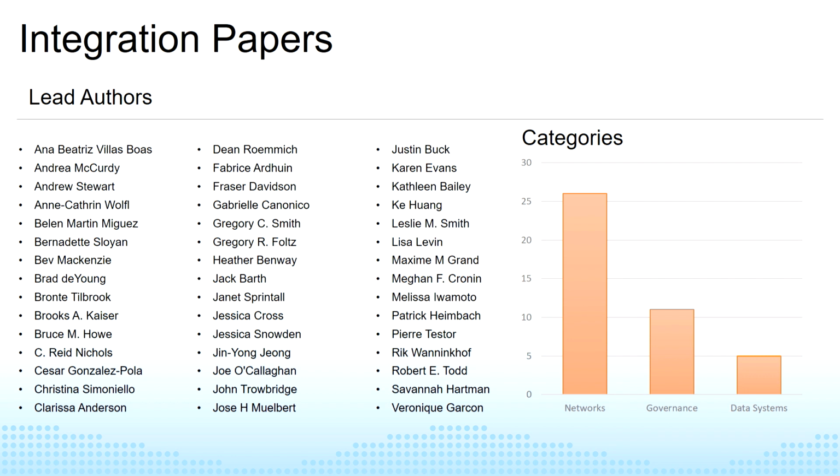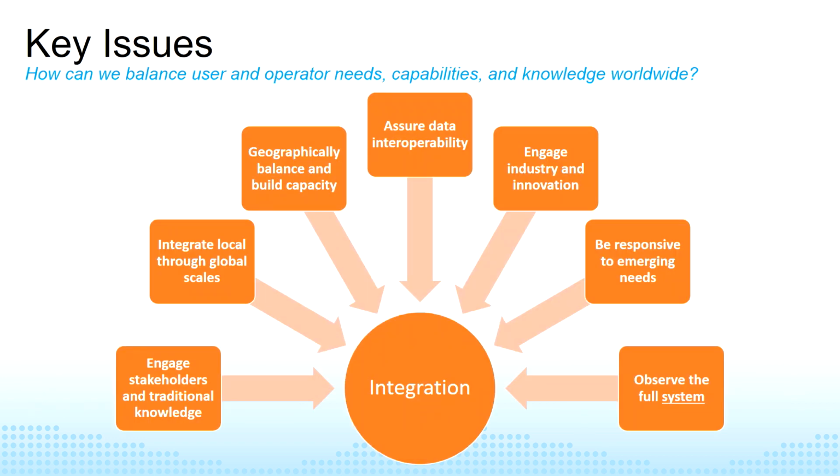So what we want to do is to take a moment and pull in the highlights from these community white papers addressing integration. All right, here you see the key issues. And you can see integration, so engaging with stakeholders and traditional knowledge. I think that this is an overwhelming theme that I'm very proud that Ocean Obs 19 is really highlighting and pulling out.